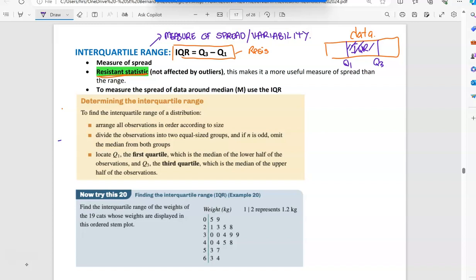It tells you the middle 50%, the range of the middle 50. And because 50% is a majority, if you tell people where the middle 50 is sitting, you're pretty much saying where most of the data is sitting. So it's more interesting and probably more effective for talking about the spread, because it doesn't take into account those outliers.